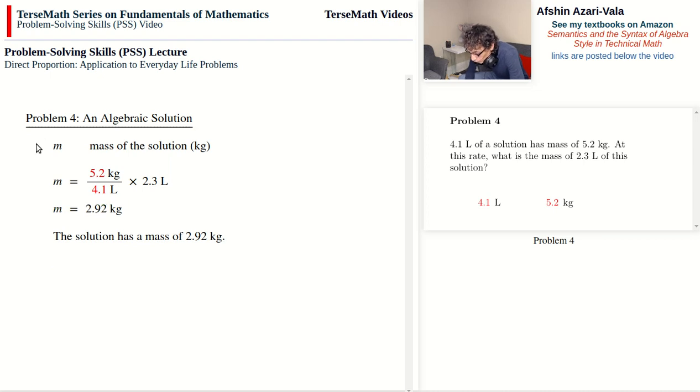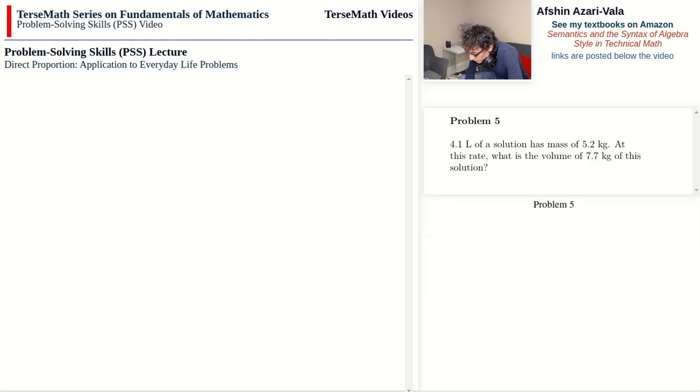So there will be an opening statement, the equation, the final answer, and the closing statement. As far as the unit goes, you notice that the liters cancel out here and here. Cancellation of units is very similar to cancellation of numbers or reduction of numbers that we will see with rational numbers later on.